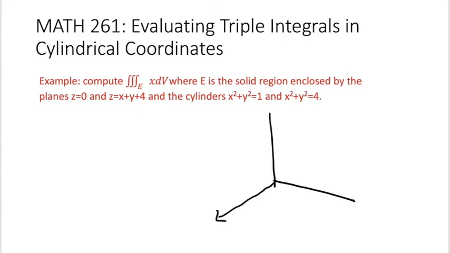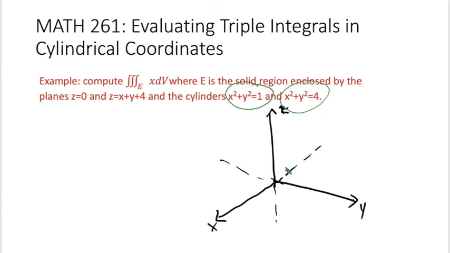So if we draw the region in 3D space, we know that x squared plus y squared equals 1 is a circle with radius 1 on the 2D plane, and x squared plus y squared equals 4 is a circle with a radius of 2 on the 2D plane.